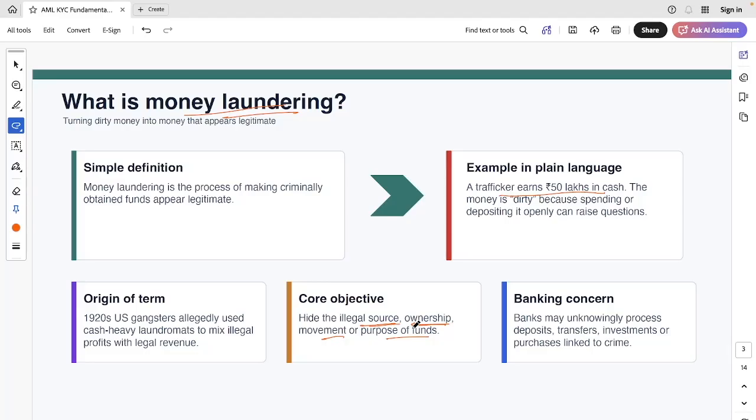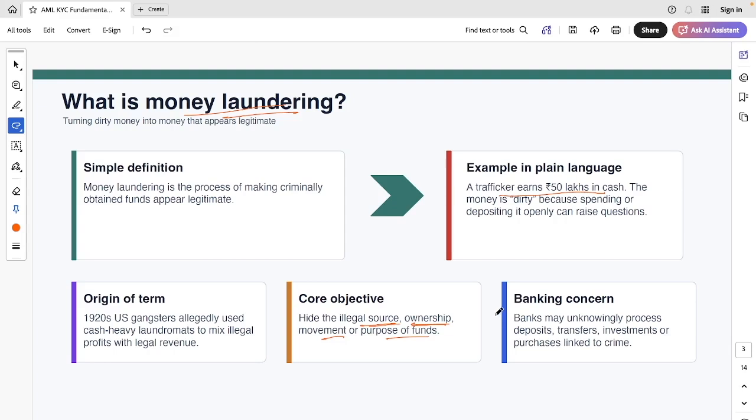The laundering process tries to remove the visible stain so that the shirt looks clean. But the bank's job is to detect the stain before it disappears. However, banks may unknowingly process deposits, transfers, investments, card payments, cash transactions, or trade transactions linked to the crime. That is why AML controls are very important.